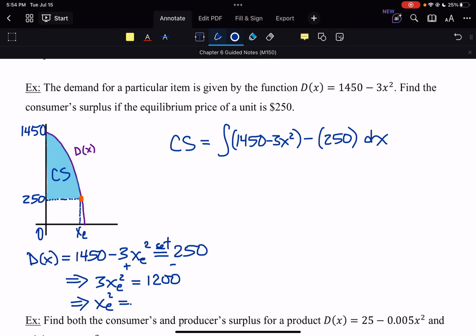So x e squared is 400, so x e must be 20. Technically, mathematically, there would be a plus or minus on there. But because we're dealing in the context of physical items and physical dollar amounts, having a negative number of items demanded wouldn't make any sense. So we just keep the positive 20.